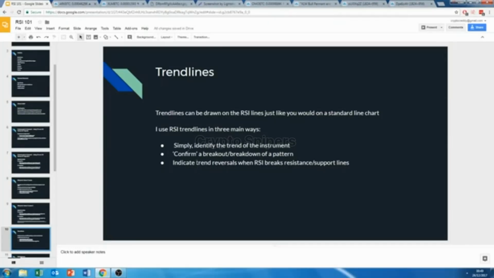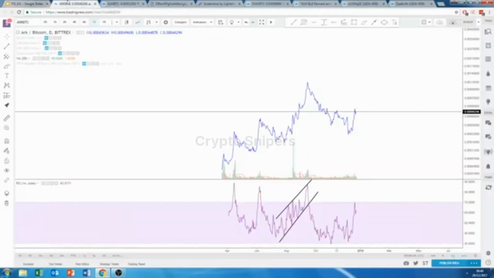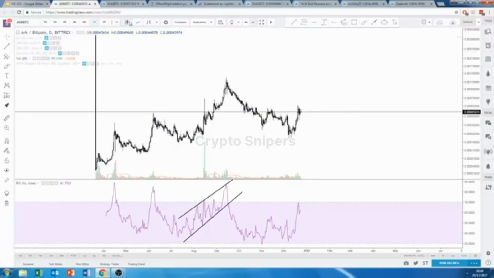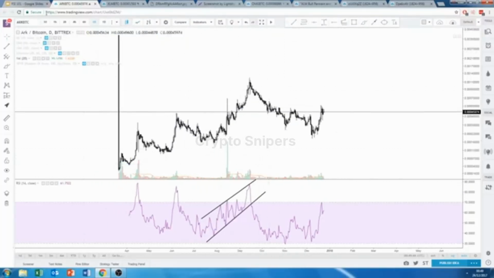Let's quickly look at how you could confirm a breakout or breakdown of a pattern using RSI. This isn't the best example, but I just liked how powerful it was. This is on the daily chart with ARK, and you can see there's a really clean textbook ascending channel.